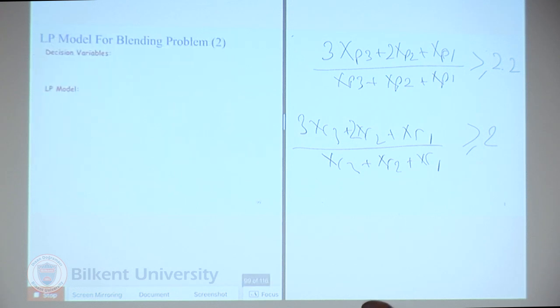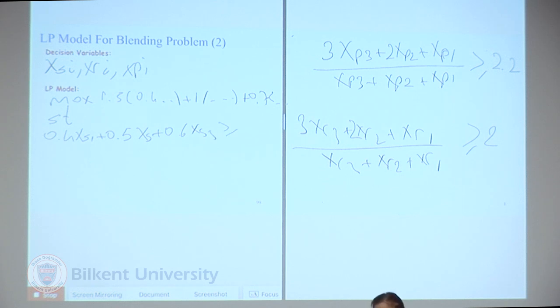Okay, let me try to fill the whole model in here. So my decision variables are XSi, XRi, and XPi. I'm maximizing 1.5 times, 0.4 times, 1 times, and 0.75 times the thingy, subject to, I'm putting it in the correct form: 0.4 XS1, 0.5 XS2, 0.6 XS3, at least 45.